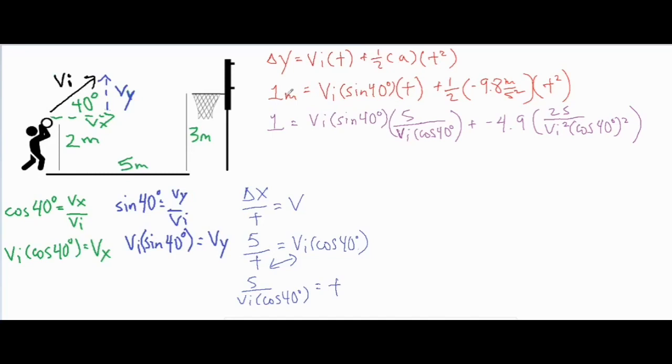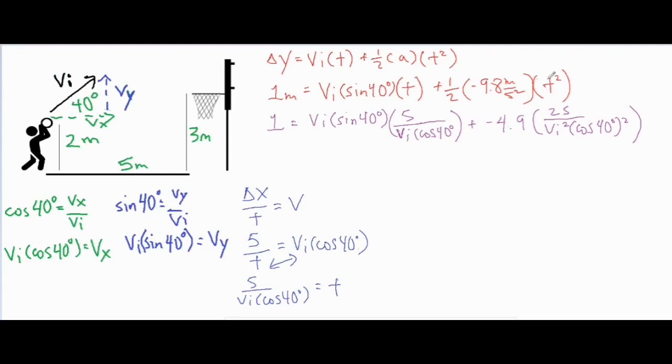All right, so what I did is I just dropped down my 1, I dropped down my VI sine of 40 degrees, I subbed in my 5 over VI cosine of 40 for t right over here. I simplified the 1 half times negative 9.8 to negative 4.9 just by multiplying the two.